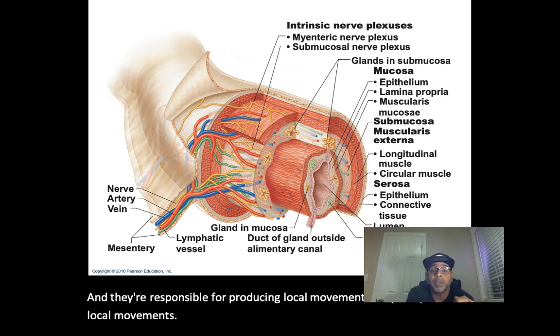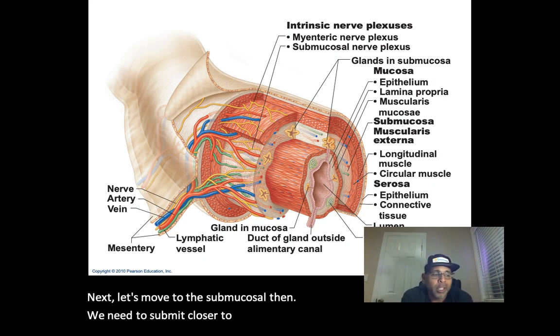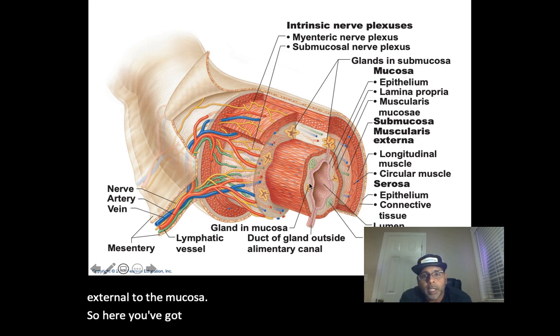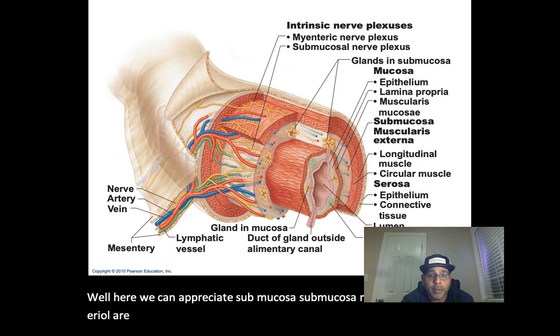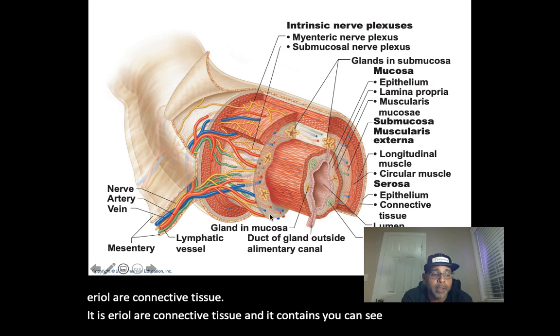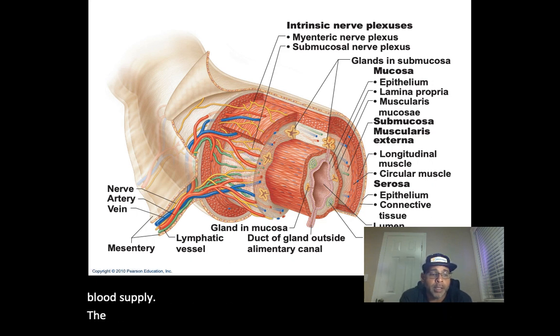Next, let's move to the submucosa. It's going to be found external to the mucosa. So here you've got the mucosa. We move out, and here we can appreciate submucosa. Submucosa is areolar connective tissue, and it contains a rich supply of blood vessels and lymphatic vessels.